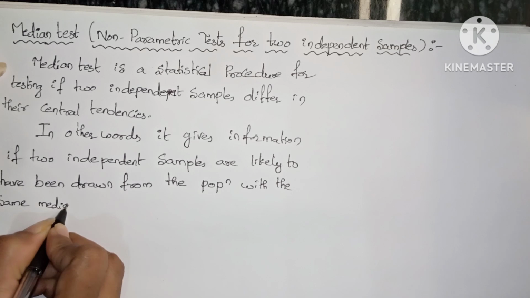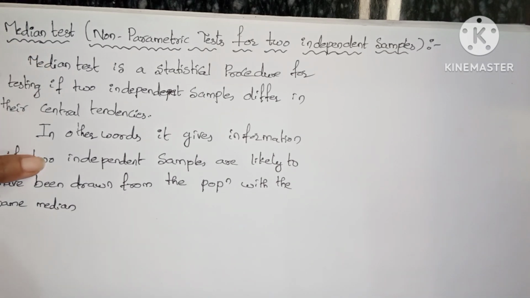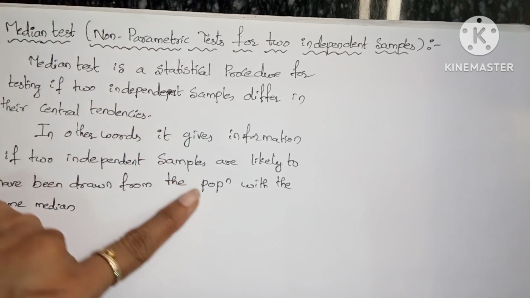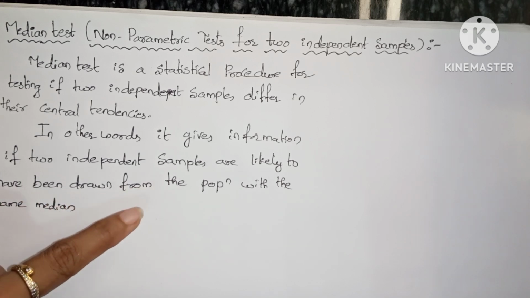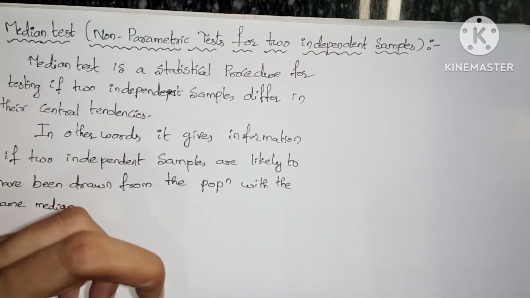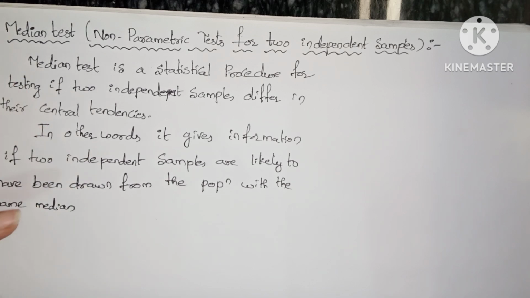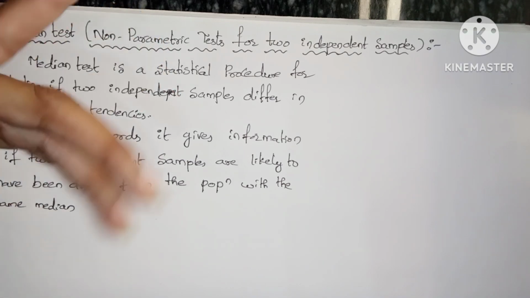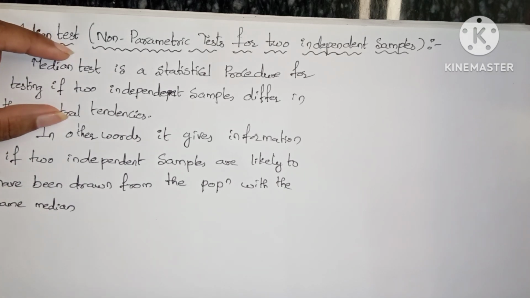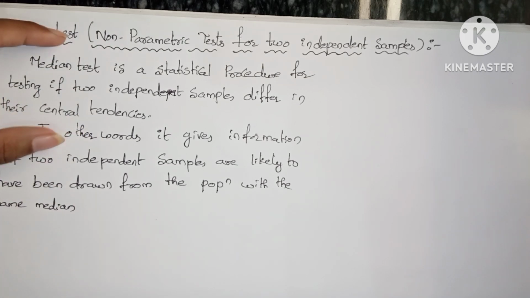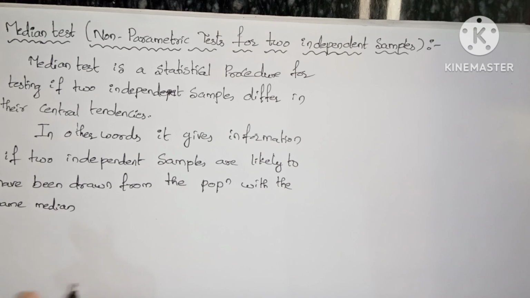That means from one population we draw different samples. So the two samples drawn from the same population will have the same median. You can write it this way or that way, but the meaning is the same. The two sentences have the same meaning.